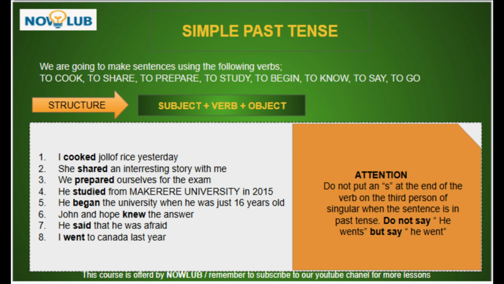In the past tense, we don't follow that rule. That rule is only applied in simple present tense. For example, the verb to know, he knows. But in the past tense, we don't apply that rule of adding an s. He knew.